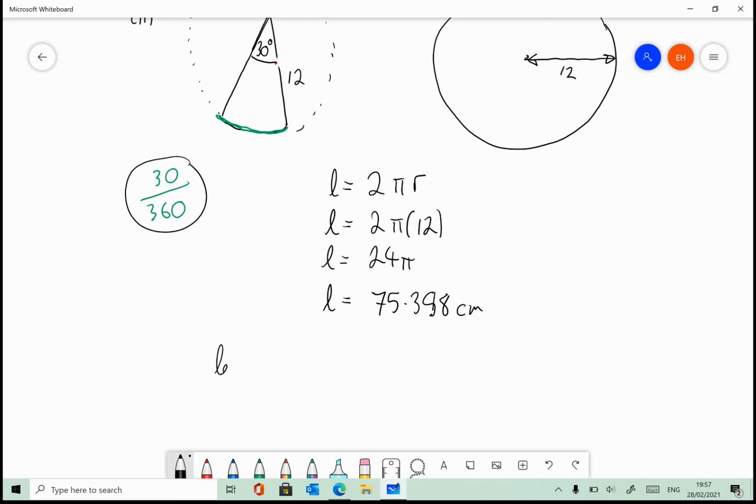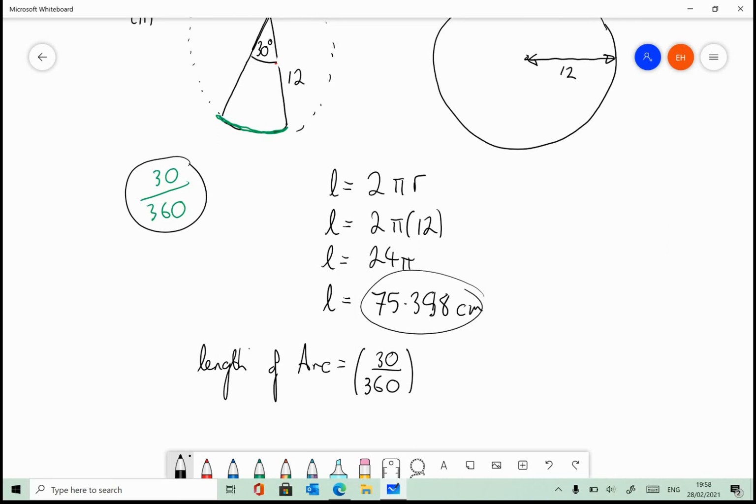So length of arc is equal to 30/360. Now, we want to find that fraction of this number.